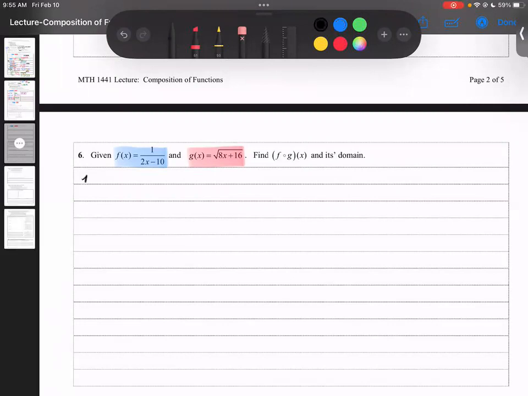So step number 1, I'm just rewriting the step here. Set up the composite function, or compose, whichever way you would like to say it. So they want f composite g of x, right?